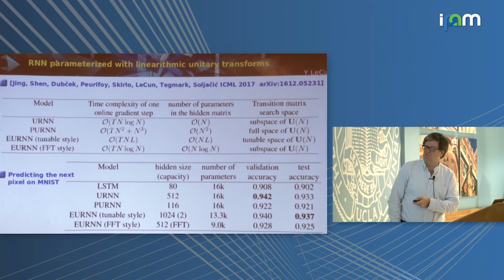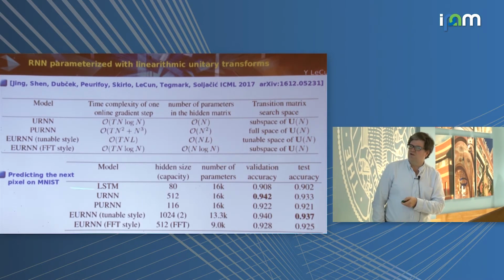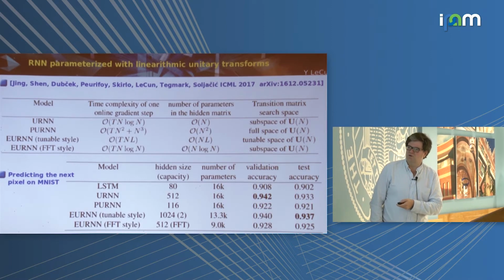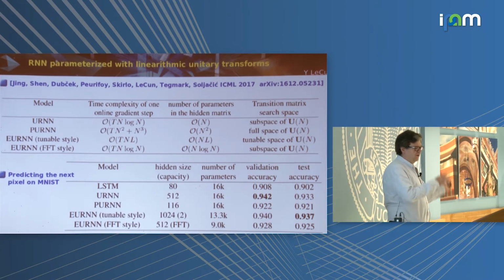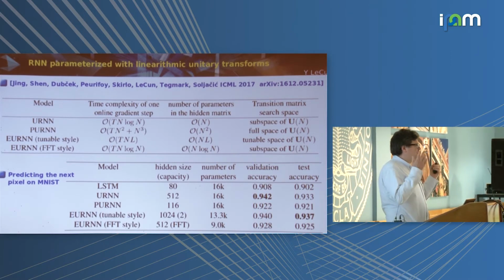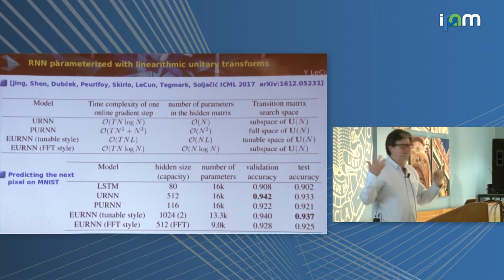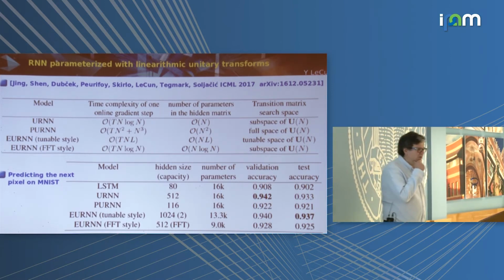It doesn't make much difference in terms of performance, and it works the same as the other things people have done using unitary transforms, and it works better than LSTM, with far fewer parameters essentially. So this was a short parenthesis. I think there are interesting connections there with quantum computing. I don't know where that goes, but it's an interesting avenue perhaps.